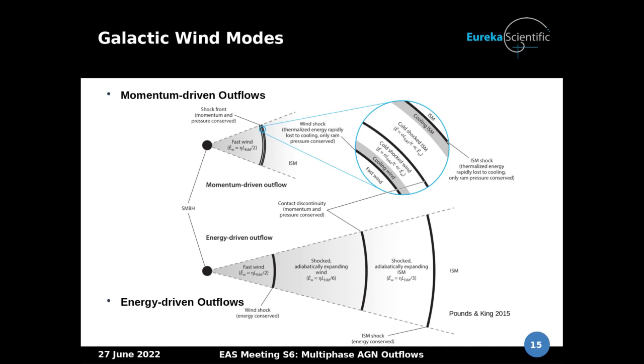In energy-driven outflow, the shock region is much wider and we don't have very strong cooling. However, in momentum-driven outflow, the shock region is very narrow and rapidly cools. We don't have the formation of an extended hot bubble.